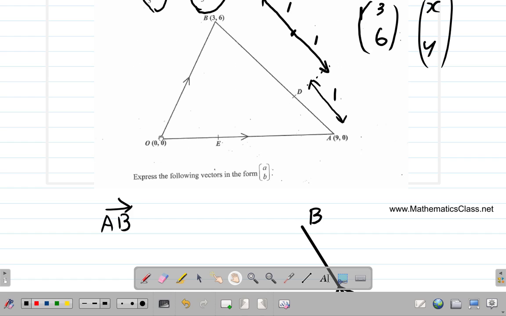You go from A to O. Remember, O to A is (9, 0). But if this is the resultant, you cannot follow any other arrow around the triangle.